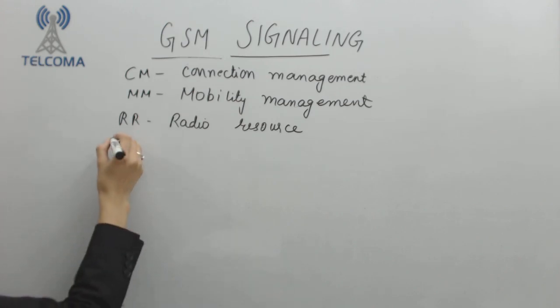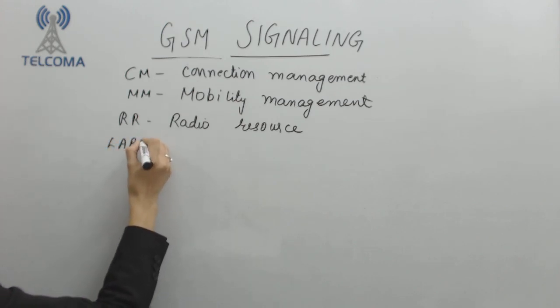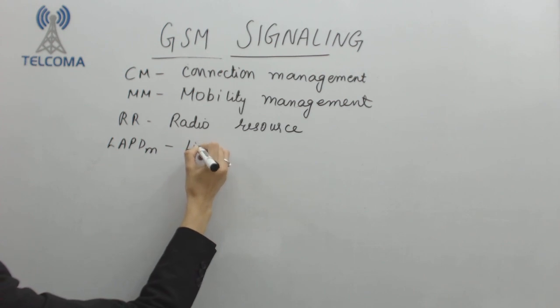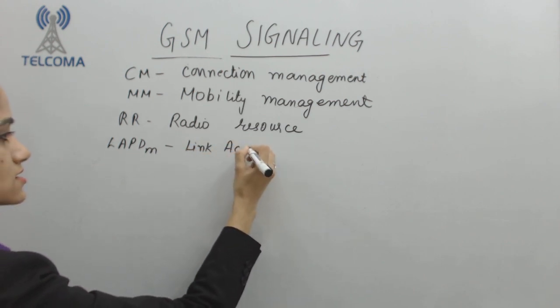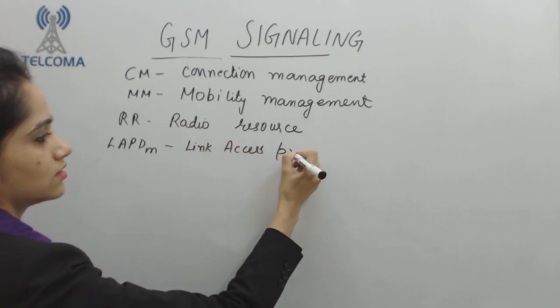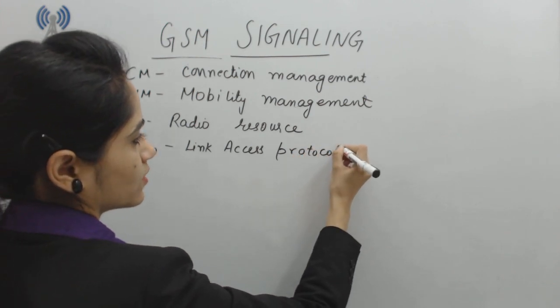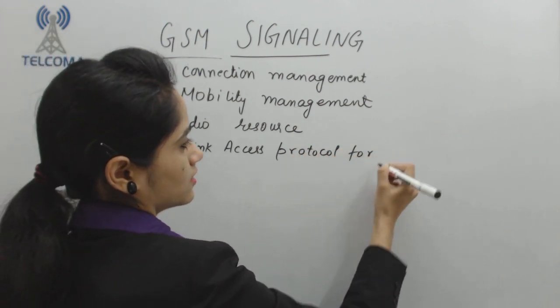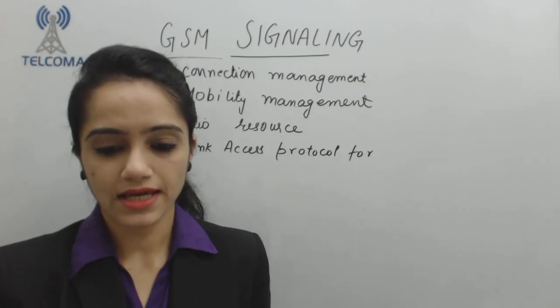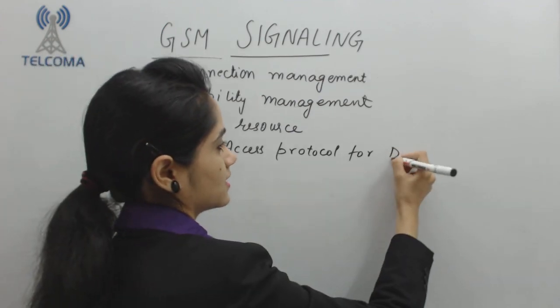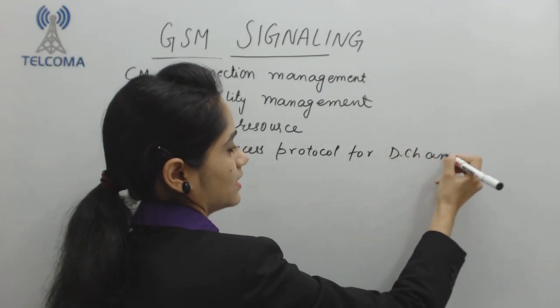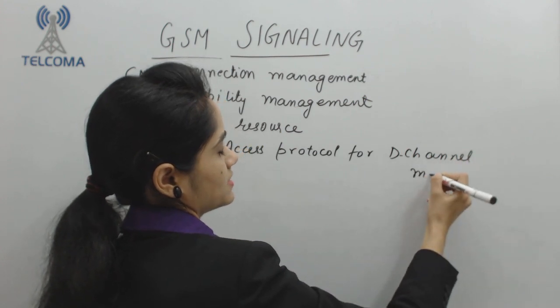After that we have LAPDm, this is link access protocol for D channel, data link channel, where M is for mobile.